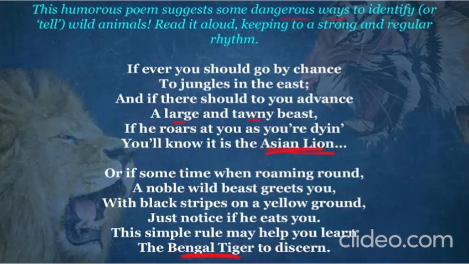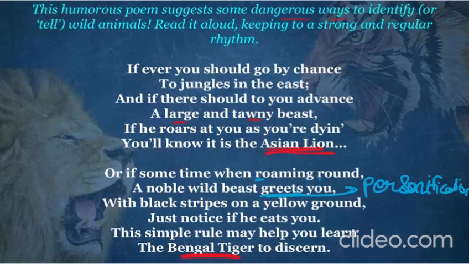Are there any poetic devices here? Before explaining, let's do the poetic devices. First, there is alliteration in roaming round, the repeated R sound. Then greets you: greeting is personification. Why? Because only humans greet, it's a human quality to greet someone, but they are telling that the tiger will greet you.